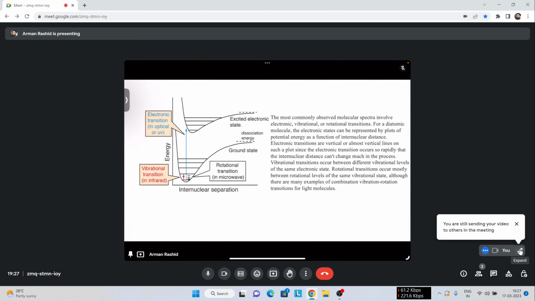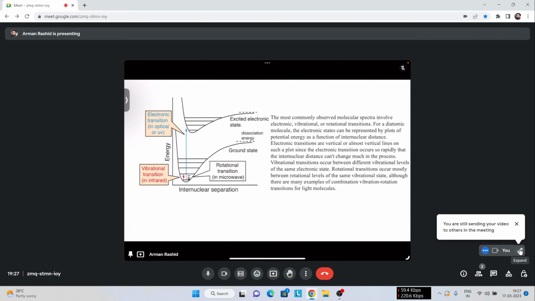As a result, if we want to see a molecular spectrum we have to give different energies for excitation. To excite electronic energy levels in a molecule we have to give energy in the UV and visible region. If we go lower, we are in the infrared region.